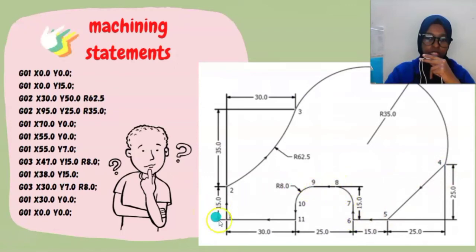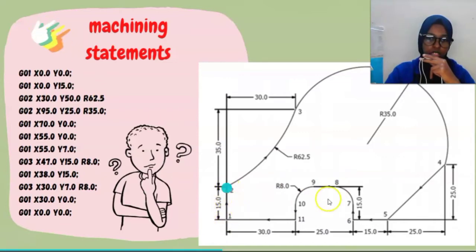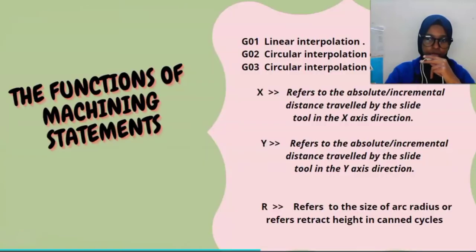And if it's linear, for example from point 1 to 2, it's a linear interpolation. And this is the functions of the machining statements.